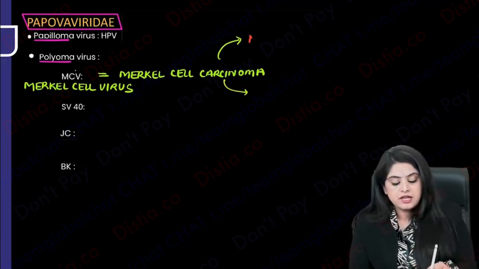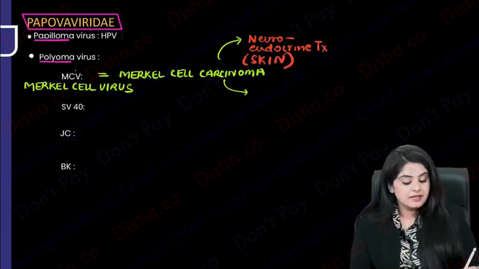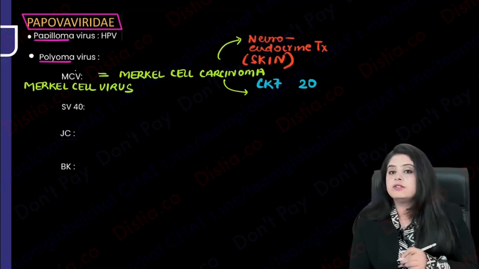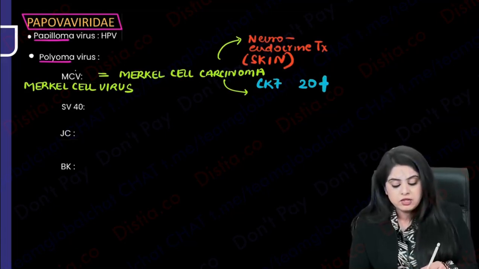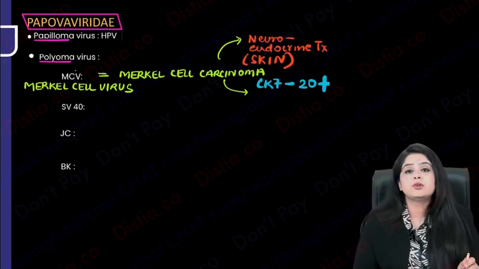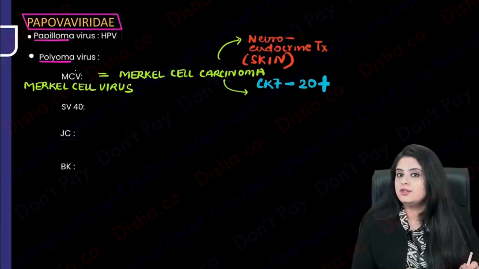So remember, this is a kind of neuroendocrine tumor which usually occurs on the skin. And if you remember, I had told you the CK7 and CK20 profile of this, and it was only and only CK20 positive. It is CK7 negative, CK20 positive. Okay, this is Merkel cell carcinoma, the neuroendocrine tumor of the skin.